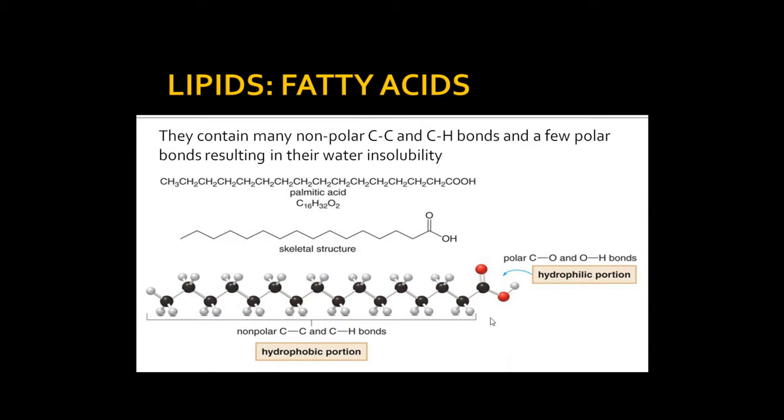And then there are few polar bonds of carbon, oxygen and hydrogen, which are hydrophilic. Shown above is the skeletal structure of a fatty acid, and still above that is an example of fatty acid, palmitic acid, which is a 16 carbon fatty acid.